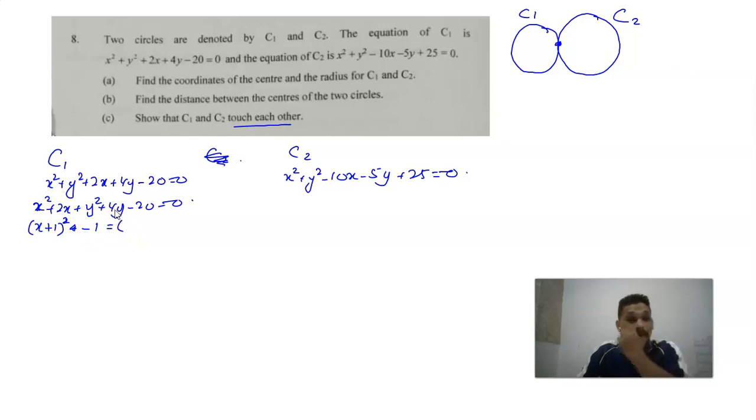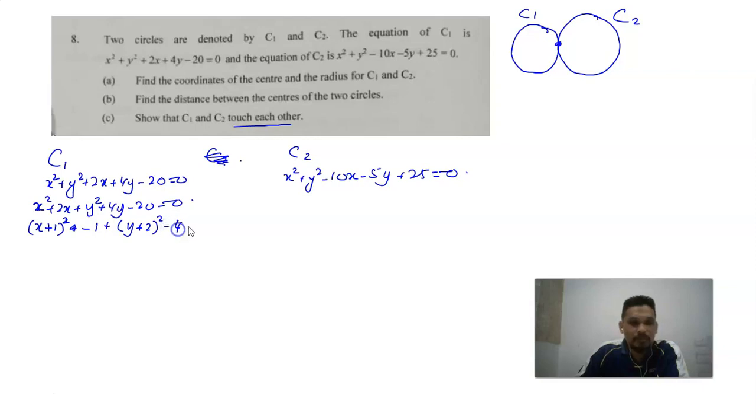Then y squared plus 4y plus (4 over 2) squared. 4 over 2 means it comes up with (y plus 2) squared minus (4 over 2) squared; 4 over 2 is 2.